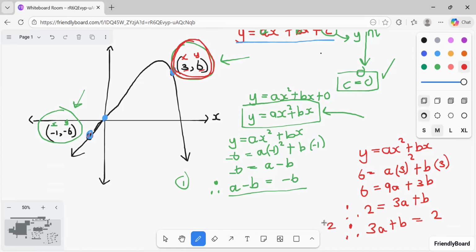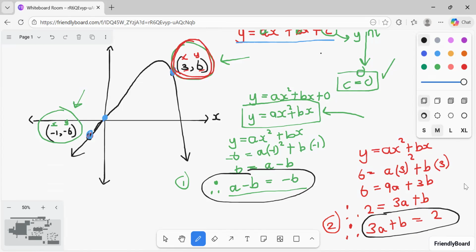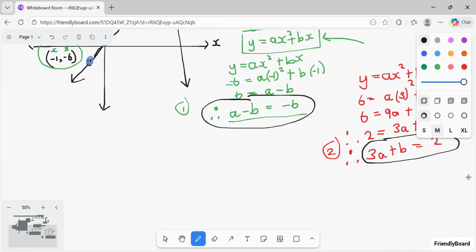So you can see now that I have two equations here. I've got this equation and this other equation, and I still need to find my a and my b. So what I'm going to do is solve for a and b using simultaneous equations.